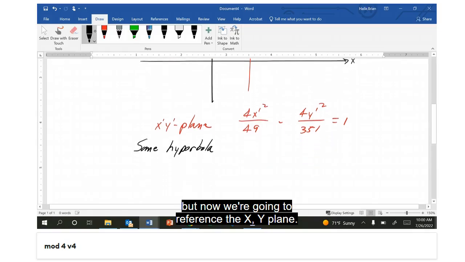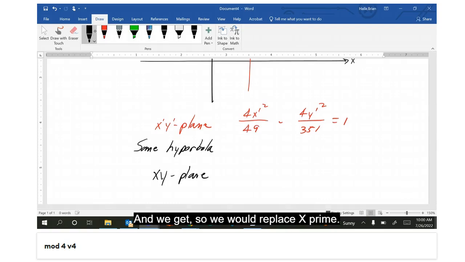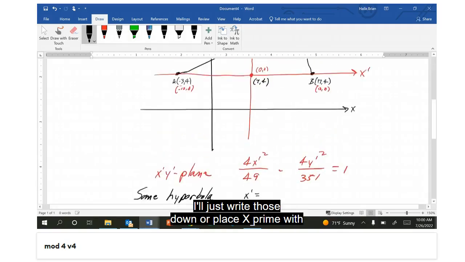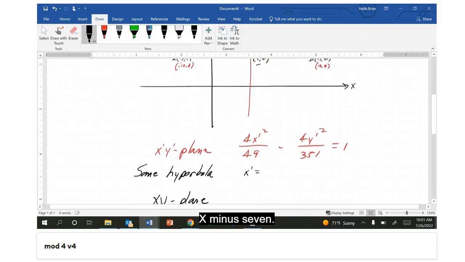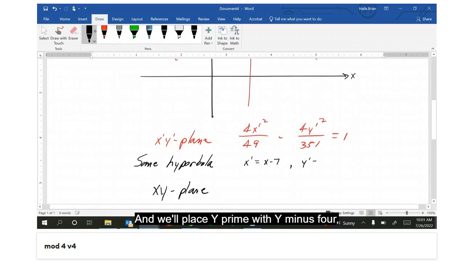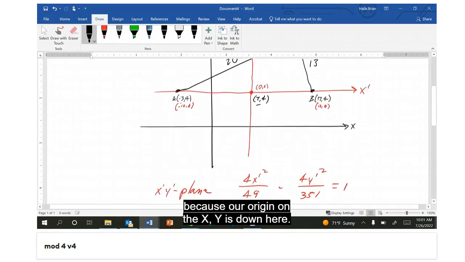But now we're going to reference the XY plane, and we would replace X prime with X minus 7, and we'll replace Y prime with Y minus 4, because our origin on the XY plane is down here.